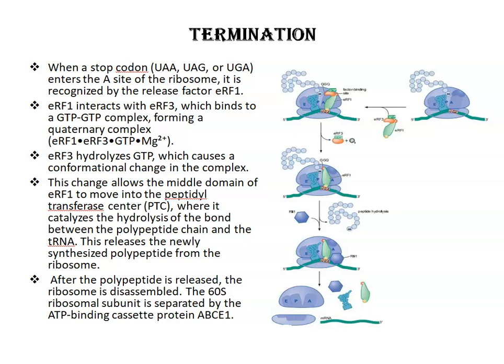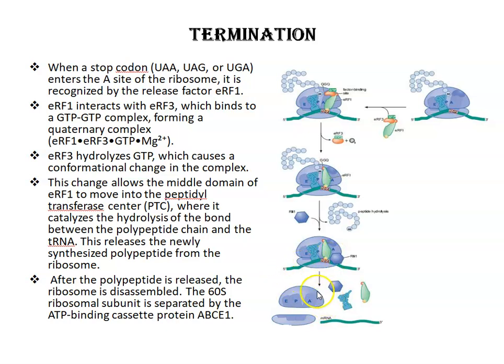ERF3 then hydrolyzes GTP, which causes a conformational change in the complex, and this change allows the middle domain of ERF1 to move into the peptidyl transferase center, where it catalyzes the hydrolysis of the bond between the polypeptide chain and the tRNA. So this releases the newly synthesized polypeptide chain from the ribosome.